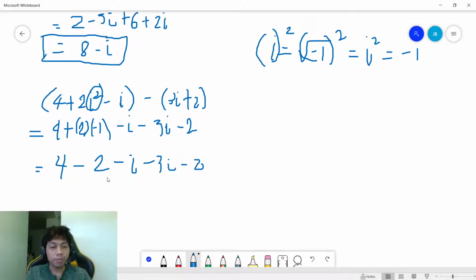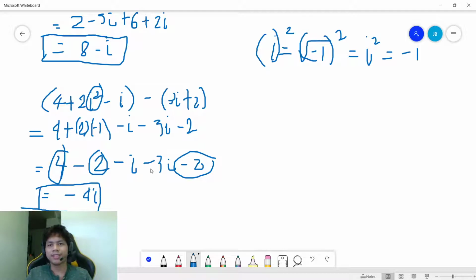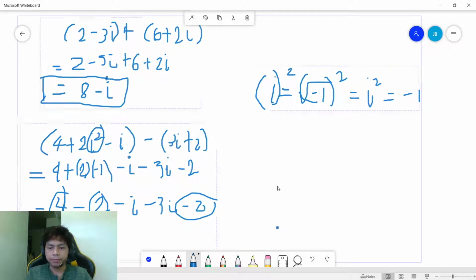Okay, so combine all the real terms. So 4 minus 2, that's 2, minus 2, that's 0. What's left is negative i minus 3i. So you can have your answer as negative 4i. And this is your final answer.